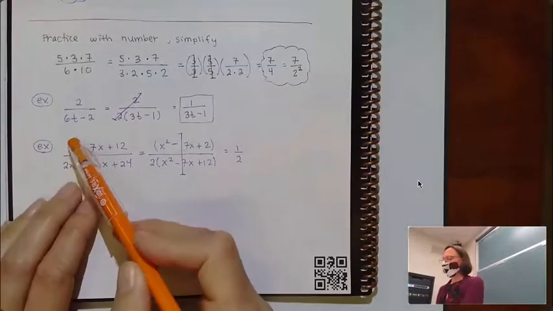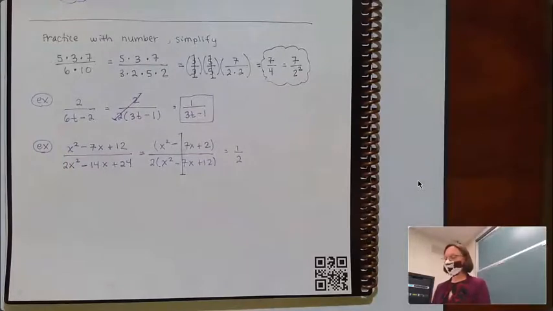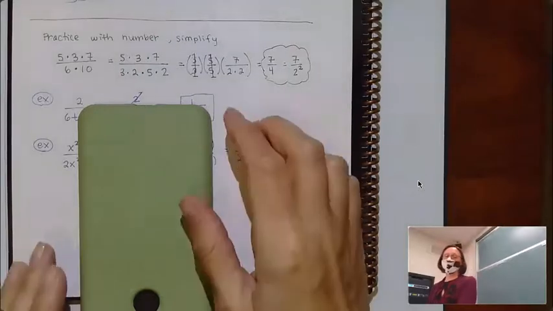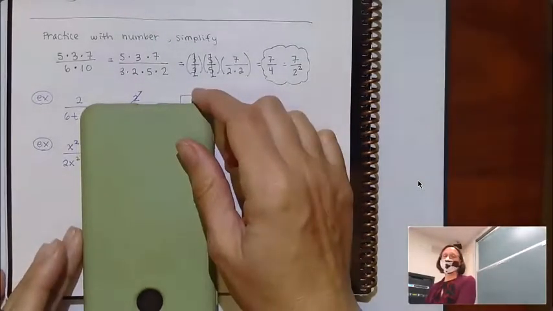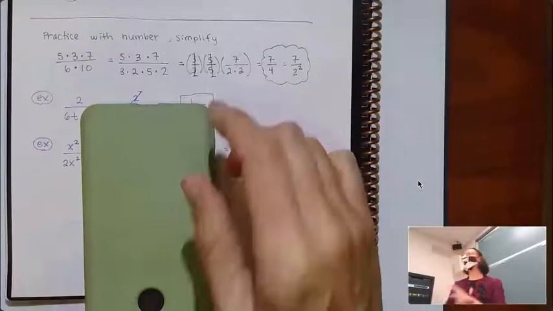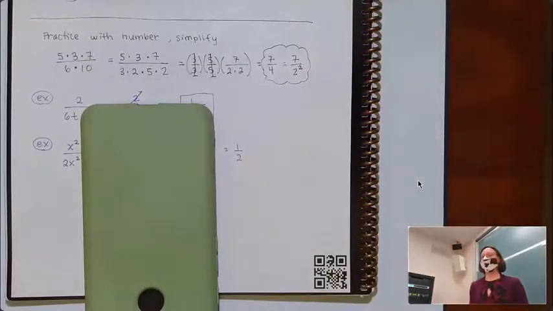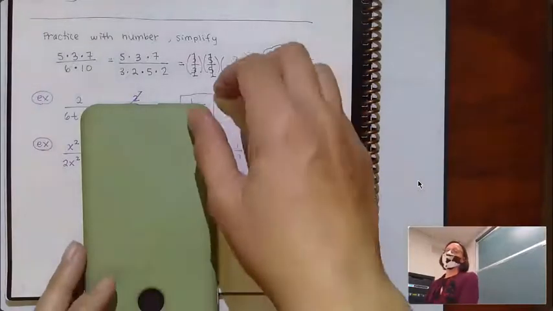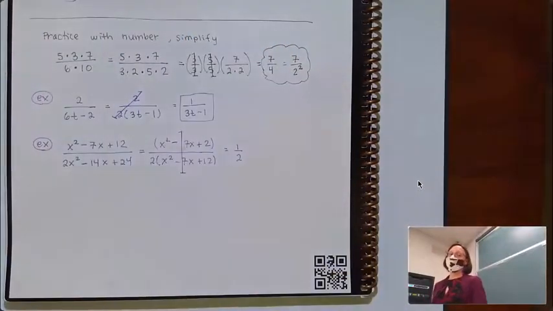So if I thought about looking at the x squared over 2x squared, if that's the only thing I had in the problem and there was no addition or subtraction, that would definitely reduce to be 1/2, because the x squared over x squared would cancel out. But I'm adding and subtracting stuff from that.